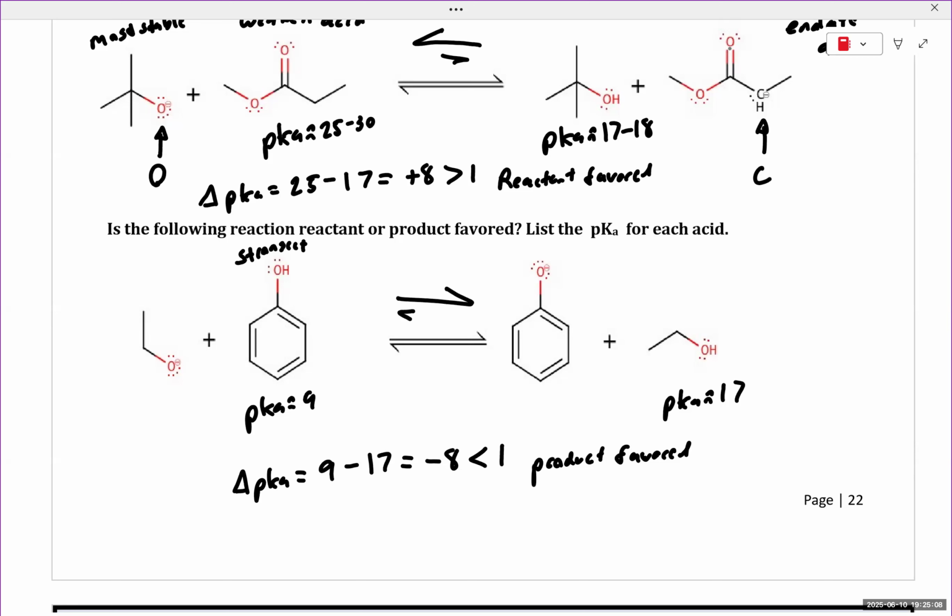Phenol is the strongest acid. The alcohol is the weakest acid. And this resonance stabilized anion is the most stable anion. So the equilibrium favors the products as the products contain the most stable anion and the weakest acid.